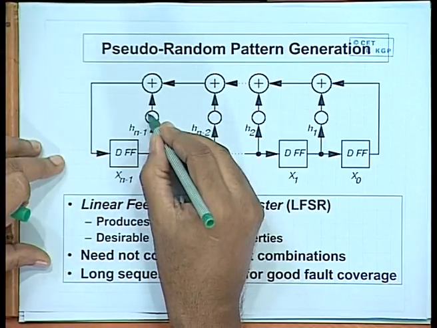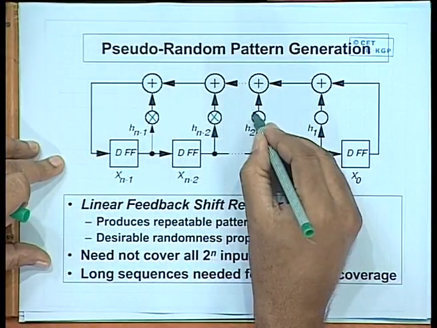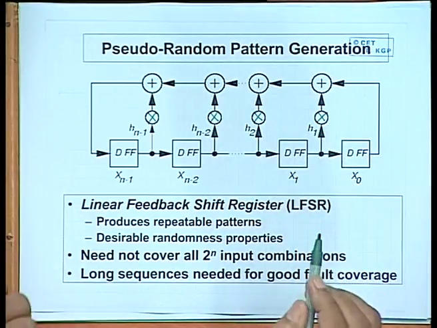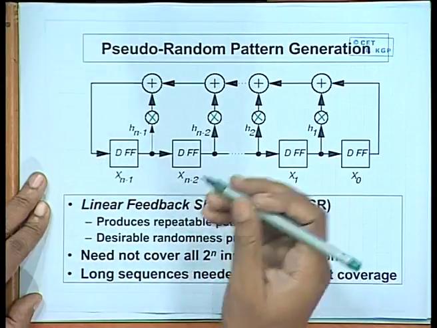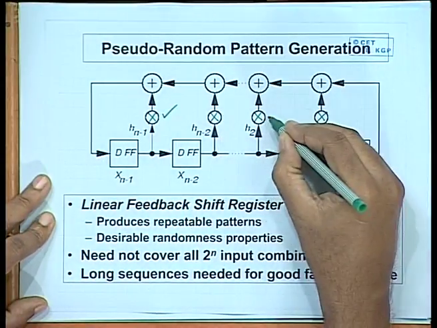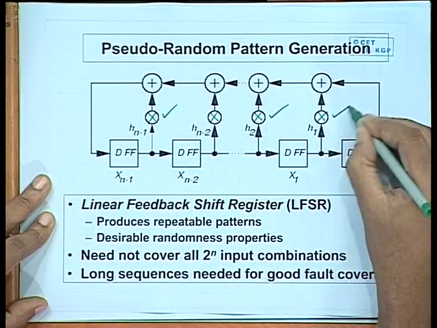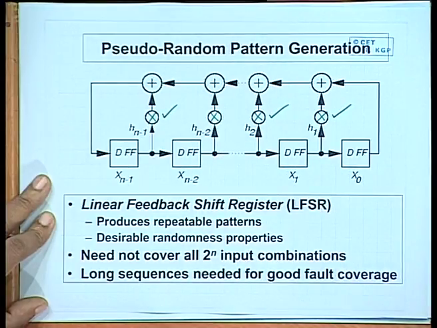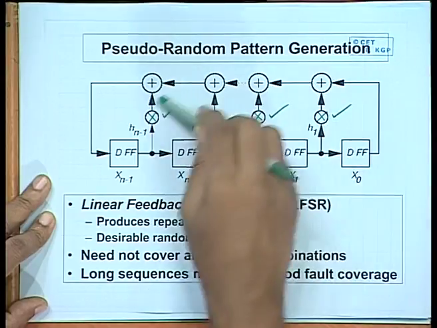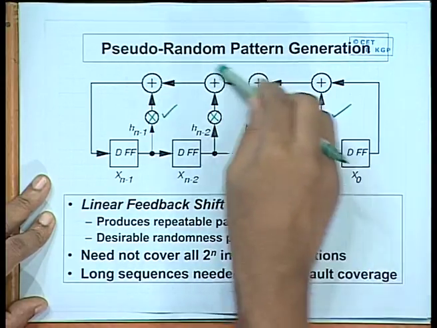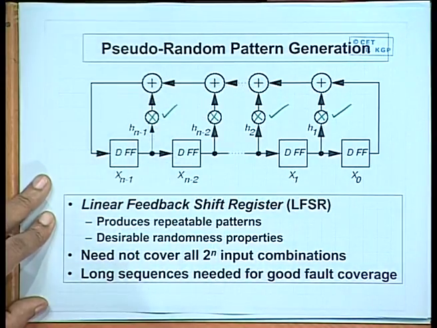Now, the significance of these circles is that it is not necessarily the case that all the outputs should be XORed. So, some of these may be there, say for example, these 3 are there, but this is not there. So, you selectively find out which outputs you want to XOR and you XOR them and feed back at the first flip flop in the input.